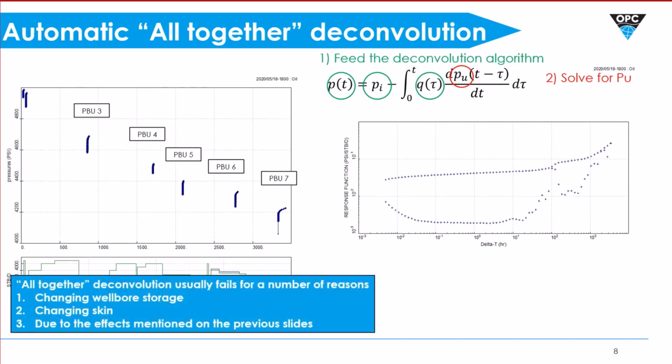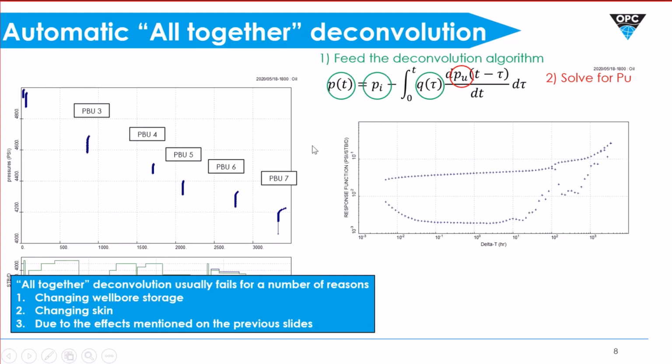So altogether, deconvolution usually fails for a number of reasons: changing wellbore storage, changing skin, due to the effects mentioned in the previous slide. So remember, those changes to the pressures, such as wellbore storage and skin, can affect the very early time pressure data of each PDU.